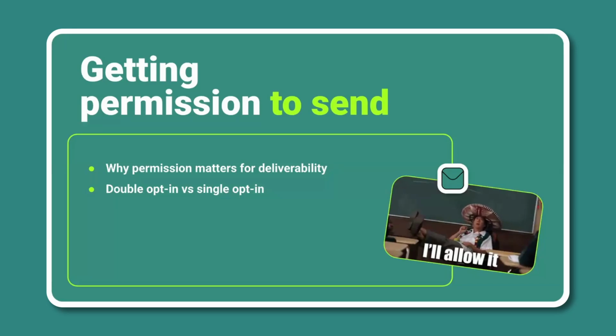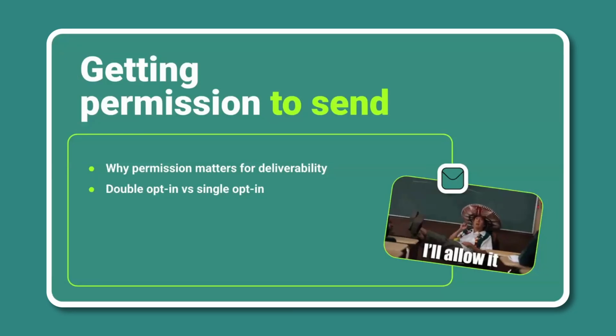Double opt-in requires users to confirm their subscription by clicking on a specific link sent to their email address after they initially sign up for your newsletter or email program or whatever you are offering on your website. And only after this confirmation, they are added to the mailing list.